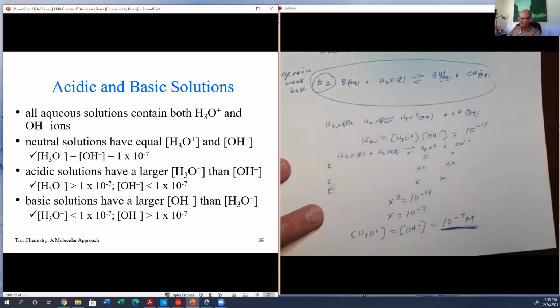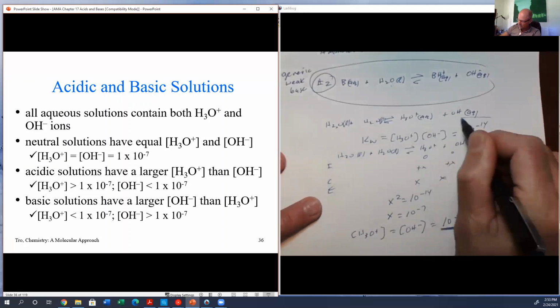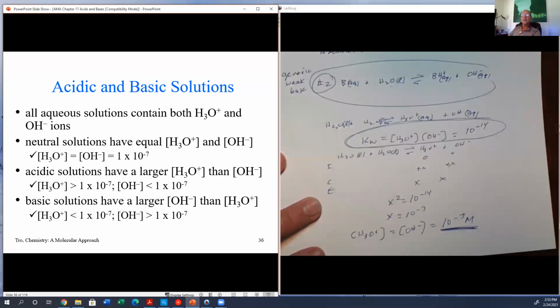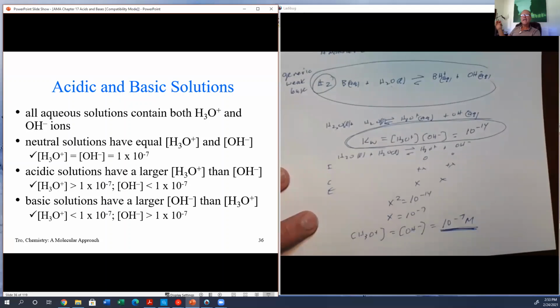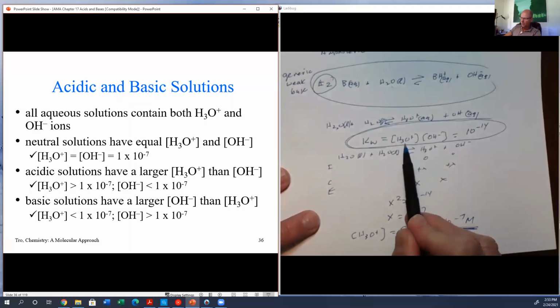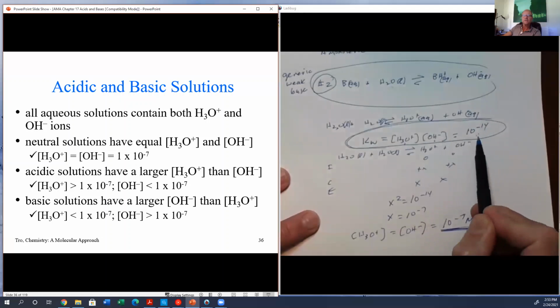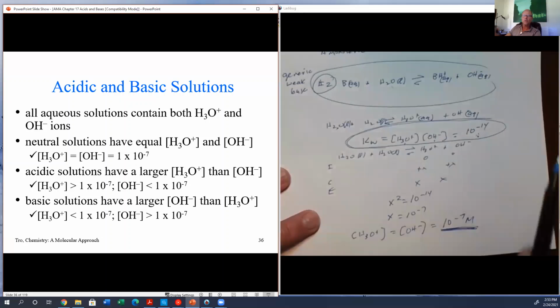Okay, but this expression for Kw is true for any aqueous solution. So what I mean is that the concentration of H3O+ times the concentration of OH- will always be equal to 10 to the minus 14. So what does that mean?